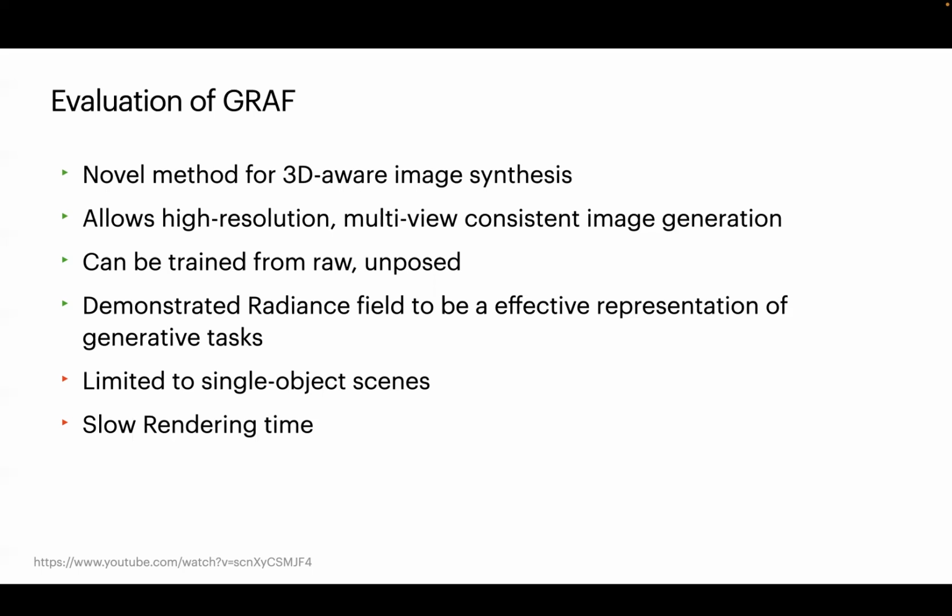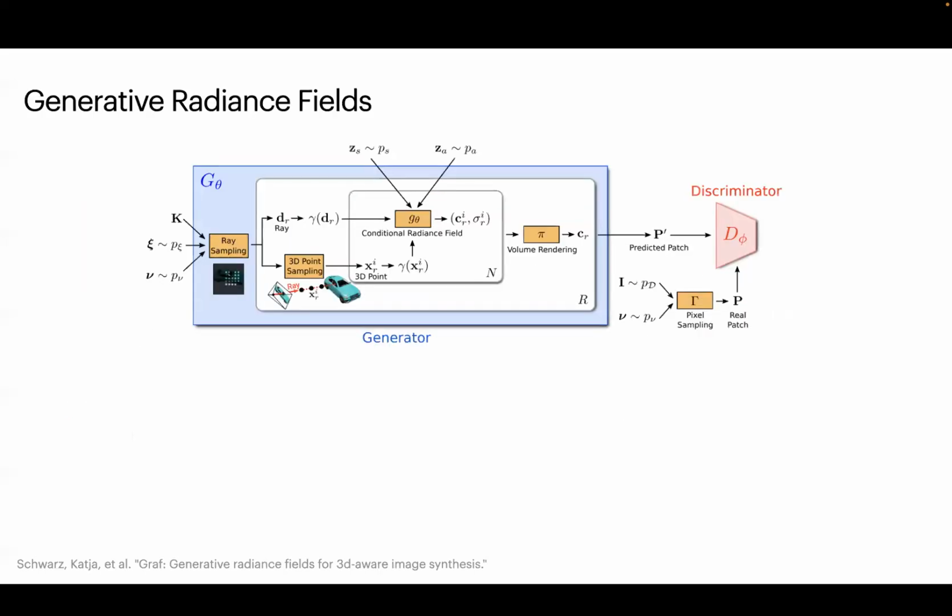It's limited to single objects, and it has slow rendering time. The slow rendering time could be explained by the volume rendering part: you're giving them RGB color images generated by the conditional radiance field, which is three layers of photos in some sense, and that definitely gives you very slow rendering time.